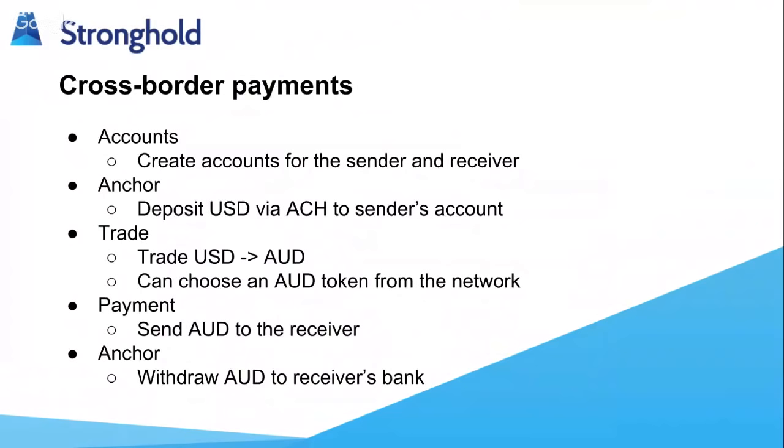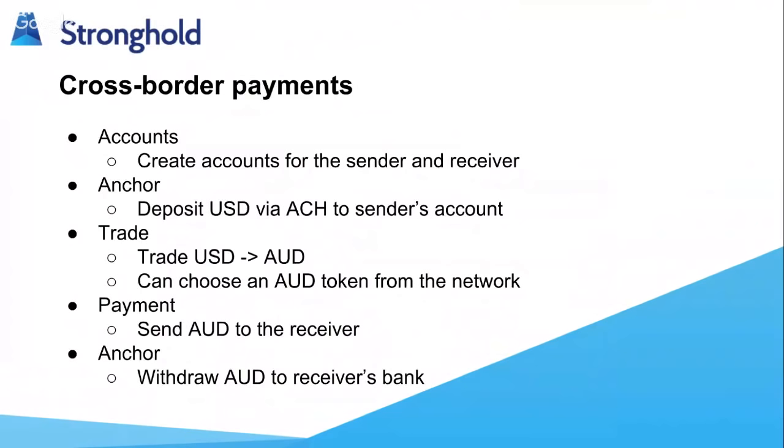This is essentially the sender doing the send step. So to your customer, their money's been removed from their account, and it is now reflected on the blockchain and ready for transfer. However, this is cross-currency, so we then look to the trade service to actually trade the US dollar on the ledger to Australian dollar.